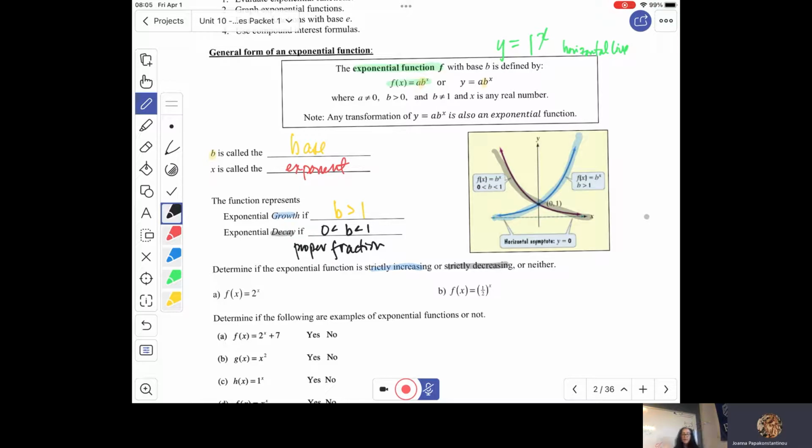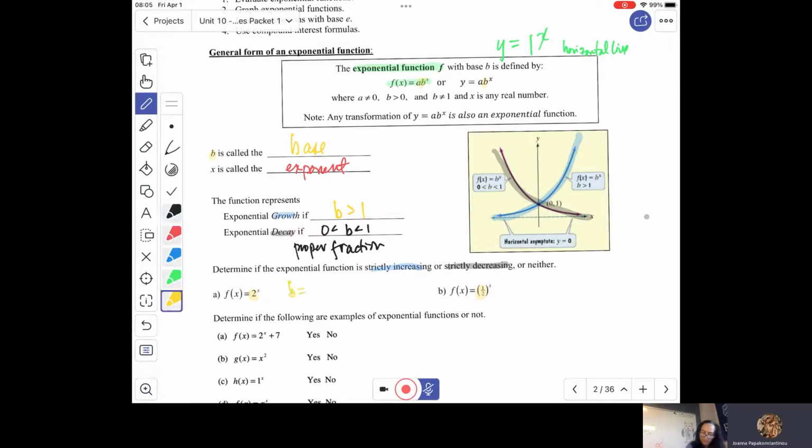So if you are given an equation, first of all, you should be able to determine if it's an exponential function, but more importantly, once you've determined that, you should be able to look at the base B and tell me, is the function strictly increasing? Is it a value greater than 1? Or is it strictly decreasing? Is it a proper fraction? Or neither, right?